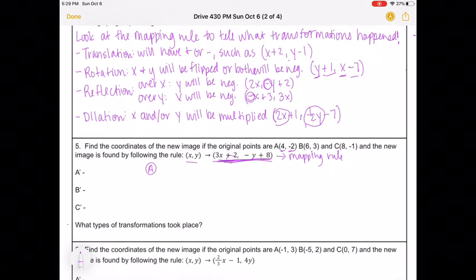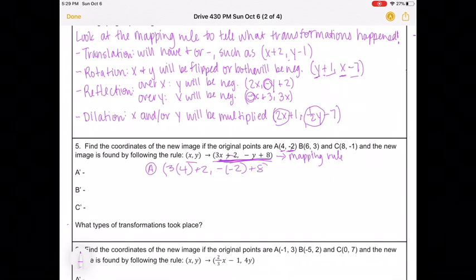So for the x, and I set mine up as an ordered pair just so I don't forget what goes where. So I'm going to do 3 times 4 because that's my x value, plus 2, comma, then my y will be negative y. Well, y is negative 2, so we're going to have to change that around a bit, okay?